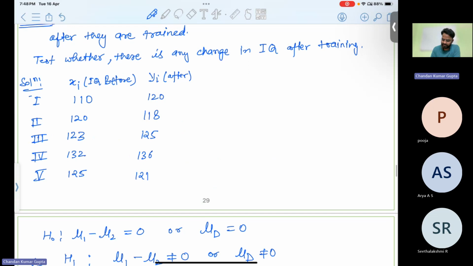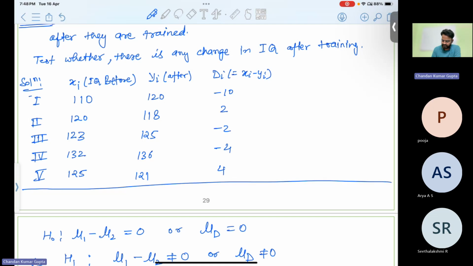The first step is to calculate di, which is xi minus yi: minus 10, minus 2, minus 2, minus 4 and plus 4. So summation di is minus 10.